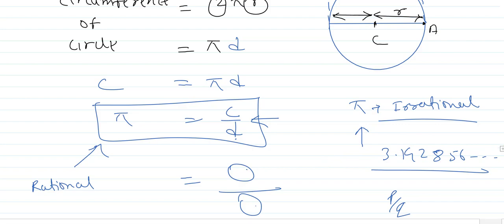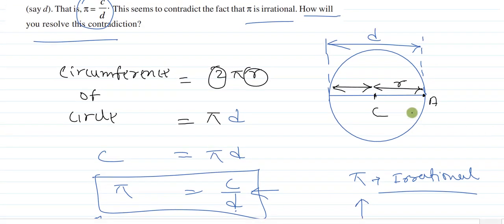Here, the explanation for this is that when we try to measure the length of the circumference or diameter with the help of a scale or tape, it will be an approximate measurement. Why? Because if the length is 3.16789 centimeter, can you measure it with your scale? No, it will be approximated.